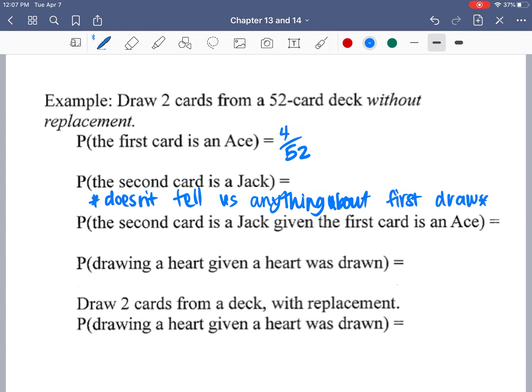Because it doesn't tell us anything about the first draw, we can't make any assumptions about that first draw. So because we don't know what happened with the first draw, we can't discount that one draw that was made. So there's still 52 options because we don't know what that first option was. And there are 4 jacks.